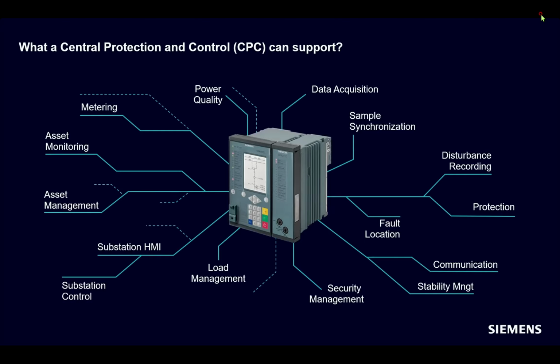Additionally, this equipment has functionalities such as data collection, time synchronization for sampled values, capabilities to record not only failures but also power quality events, measurement capacity, access monitoring, load control, high levels of cybersecurity, among others, as you can see in this slide.